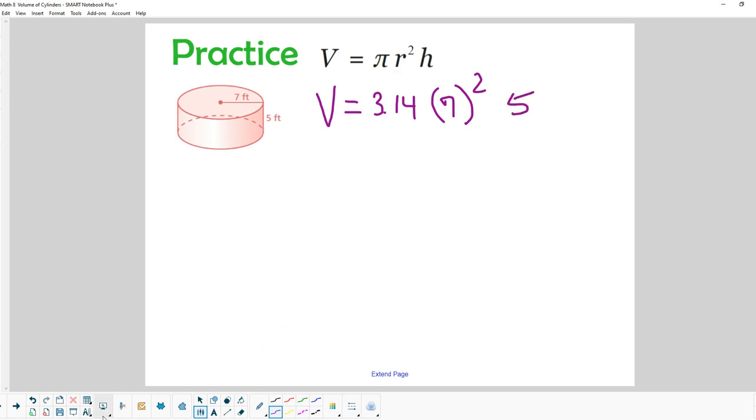All right, so we get our calculator out there one more time. And we do 3.14 times 7 squared times 5, and it gives us 769.3 feet cubed.